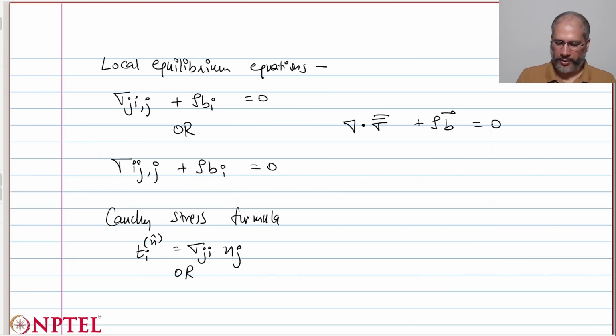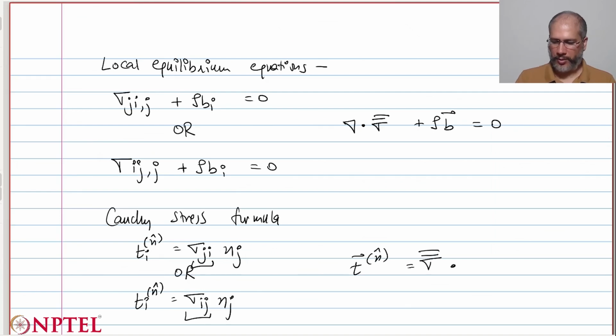Now I can also write this as T i n hat is sigma ij nj, because sigma ji is the same as sigma ij for non-polar materials. And in the symbolic notation, this becomes T n hat is sigma dot n.